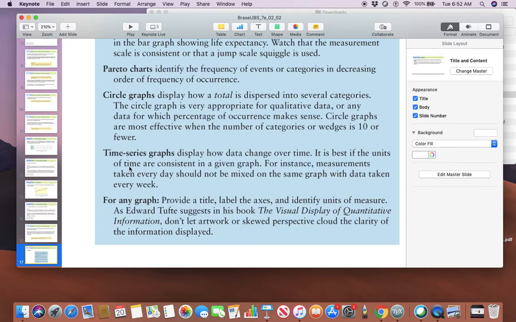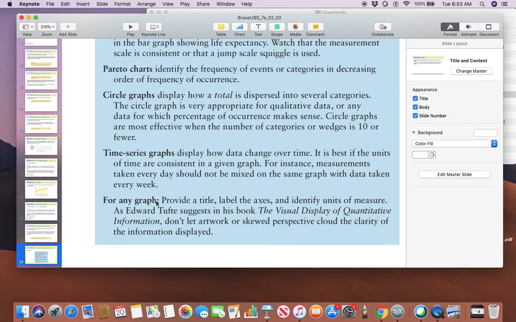It is best if the units of time are consistent in a given graph. For instance, measurements taken every day should not be mixed on the same graph with data taken every week. So you must be consistent. If you are going every day, then you make a time series for every day. If you are working with every week, then make a separate time series for every week.